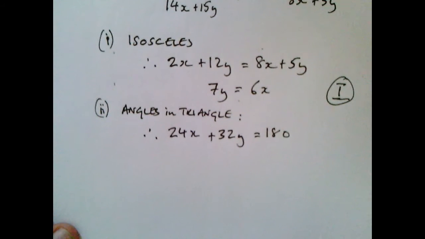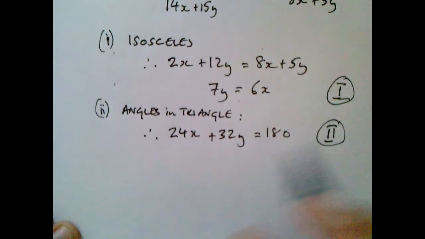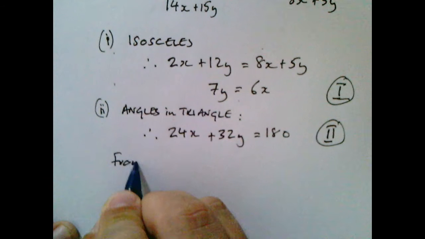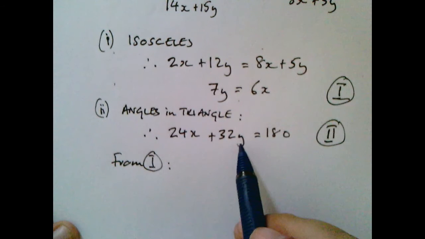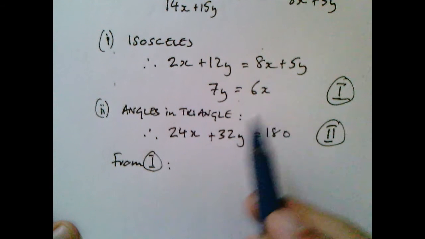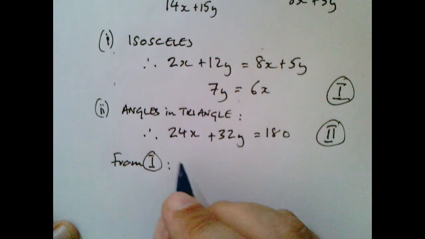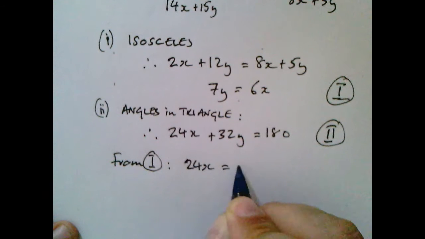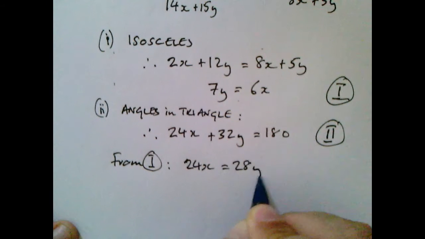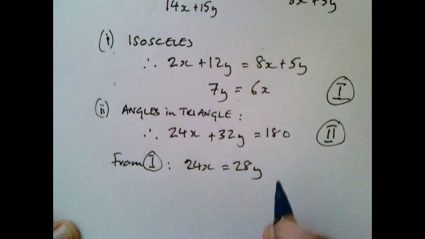So from this one, from 1 and 2, I'm going to try and cancel out the x's, so times that by 4. We know that 24x equals 28y, times that by 4. Okay, so we can then substitute that in.